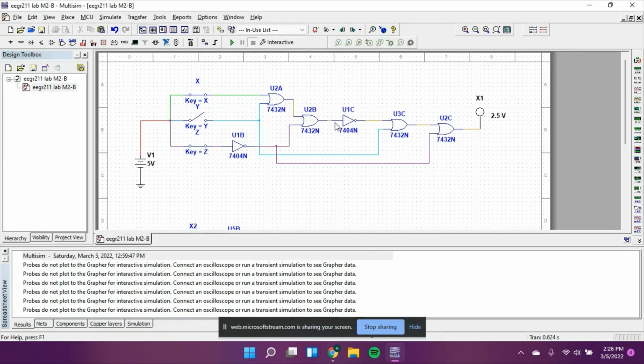And then we put it through a NOT gate, and then we add that to y, and then we add that to z prime. And that gives us our output, which should only be 0 if x and z are equal to 1 and y is equal to 0.